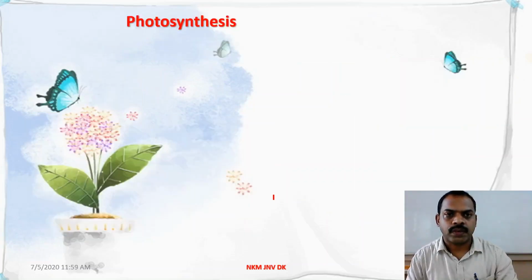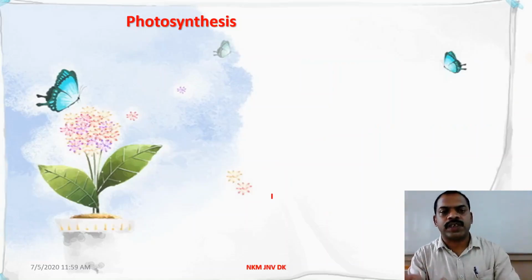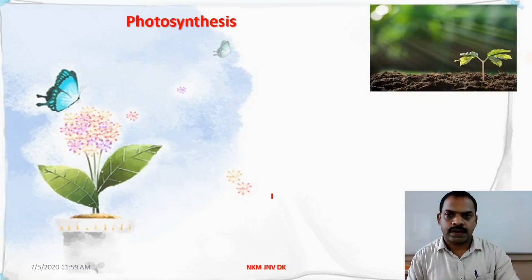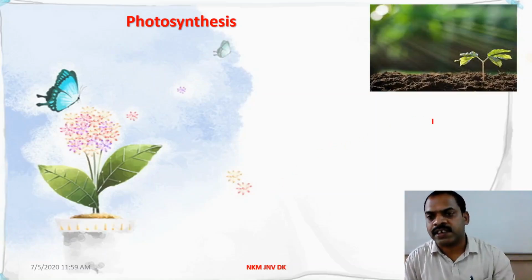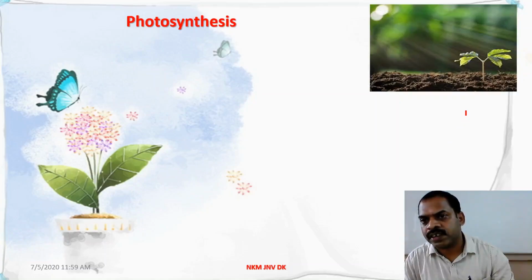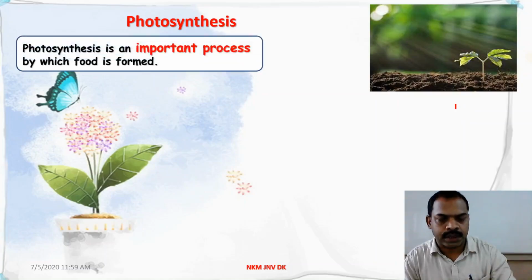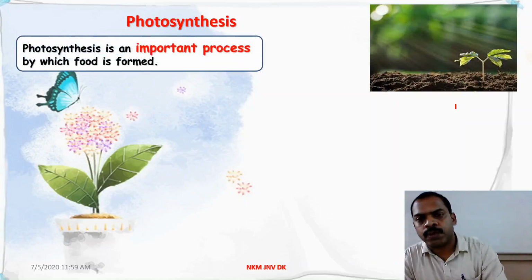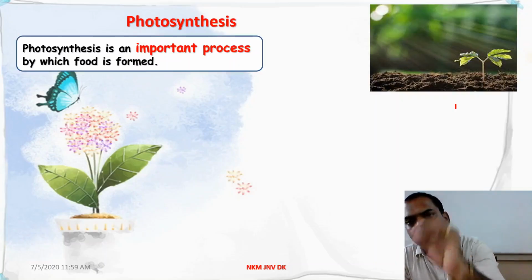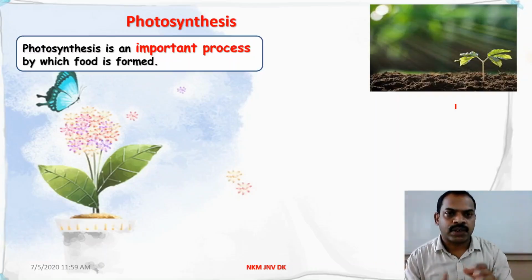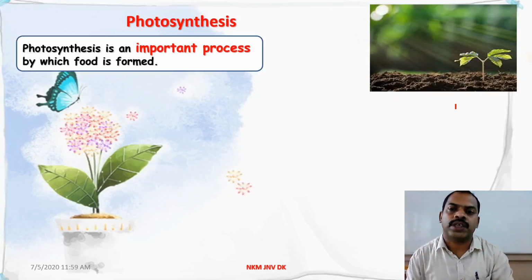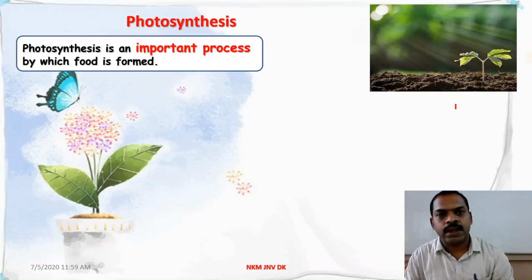Got it? Now let us discuss photosynthesis in a little detail. If you see the image, what do you understand? A plant is receiving sunlight. It is a very important process, it not only produces food for the plants, but also gives nourishment to all the remaining organisms, because all animals directly or indirectly depend on plants for nutrition.